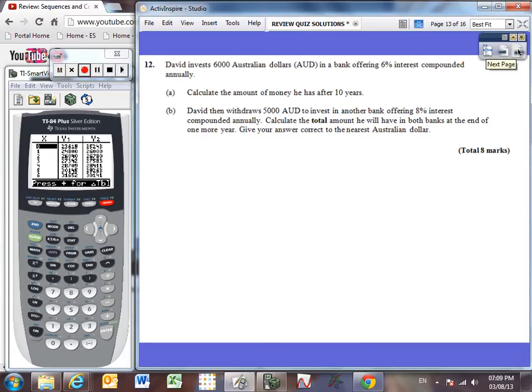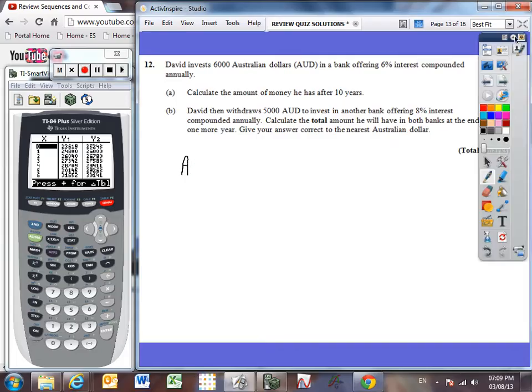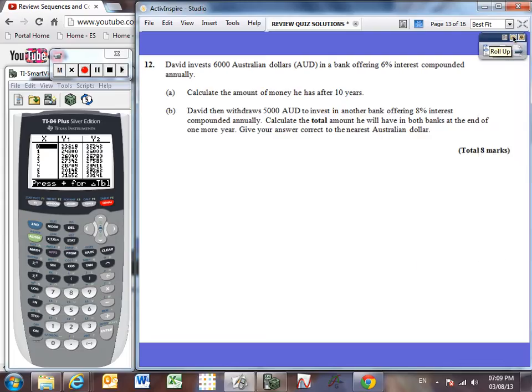Number 12. David invests $6,000 in a bank offering 6% interest compounded annually. Easy. So, I said I wouldn't use that notation anymore, so I'll try to use the IB's notation. So the future value of his money is equal to the current value.